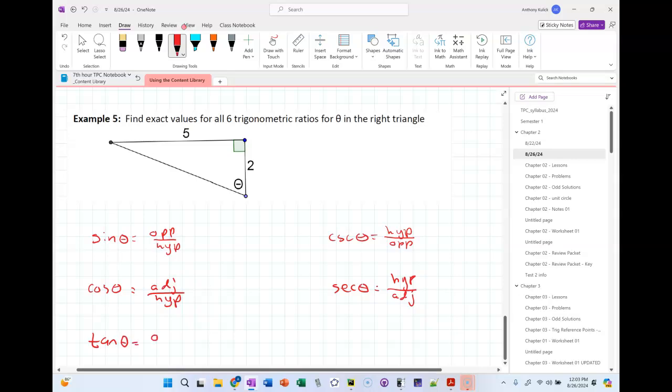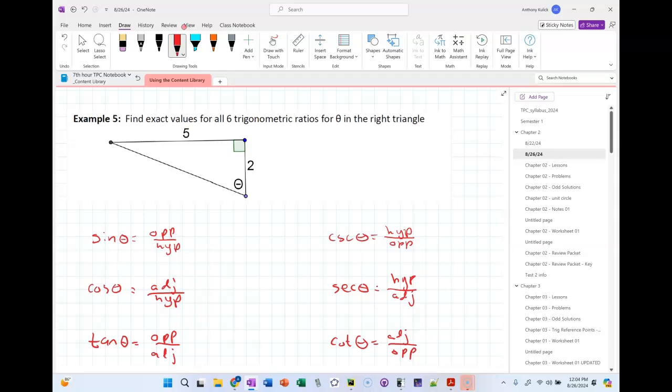Now, as a teacher, I've gotten good at writing and talking, but it's still kind of a hassle. So I'll start just by writing down my definitions for sine, cosine, tangent, cosecant, secant, cotangent.